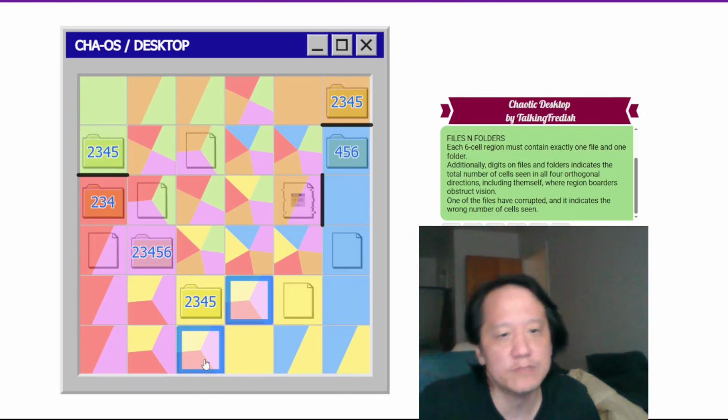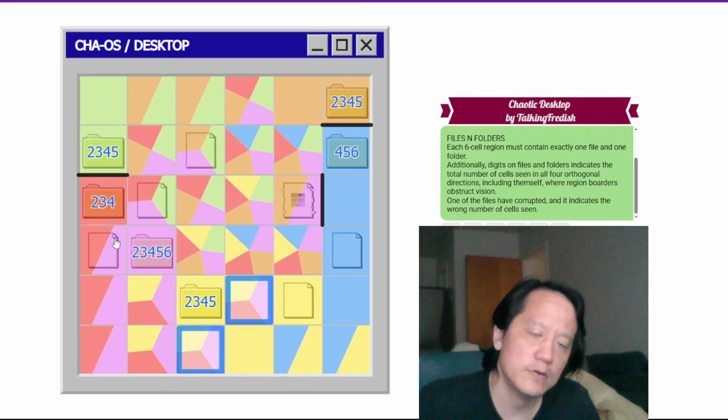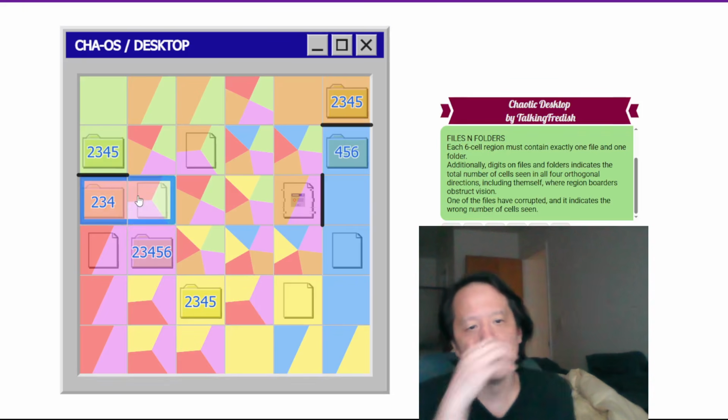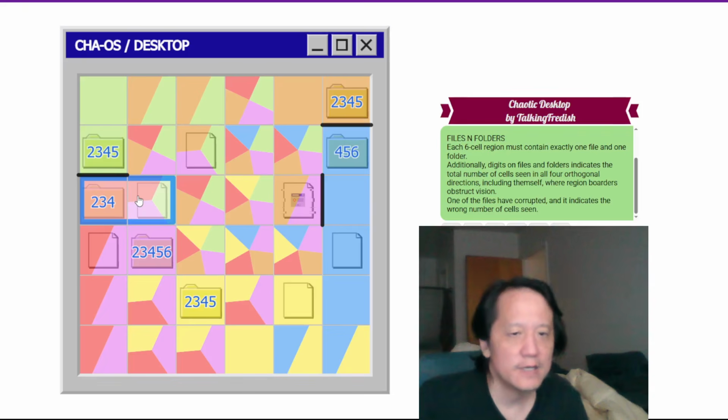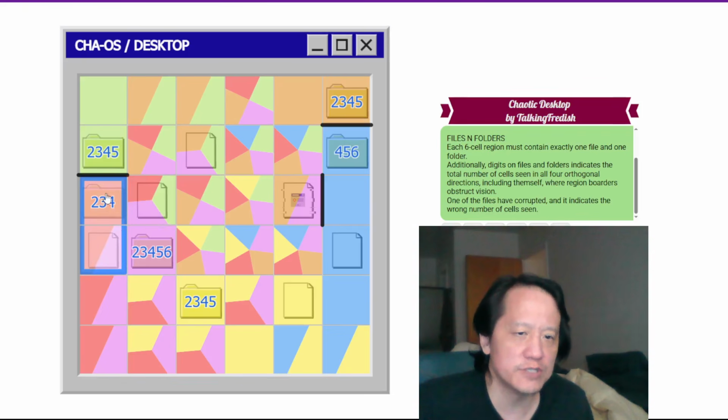Oh, I see one thing. No. No, never mind. There's one interesting aspect here: if red went this way, these would see the same number of cells. So one of these files would then have to be corrupted.